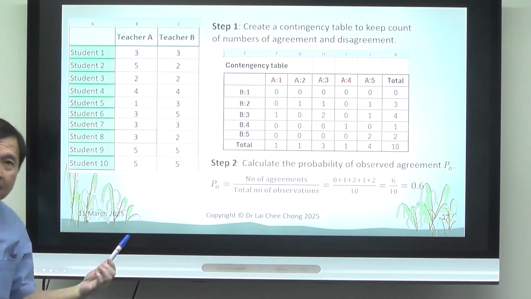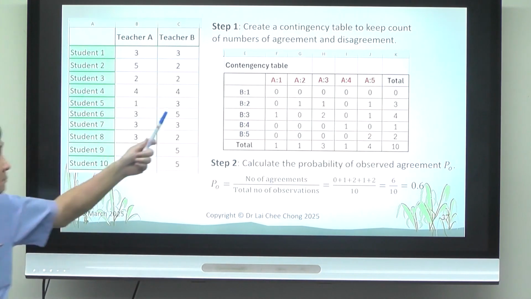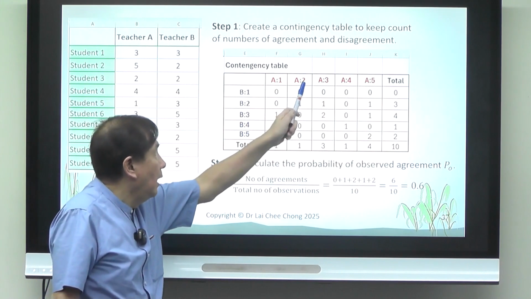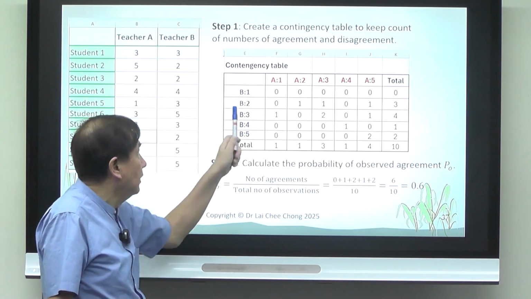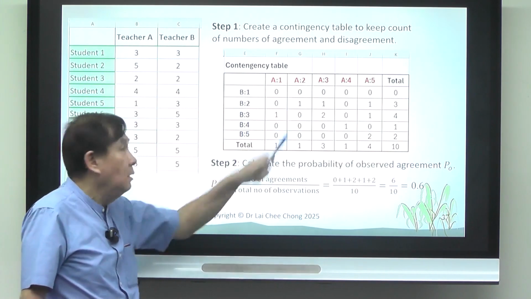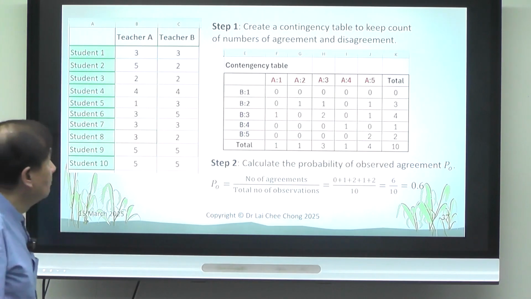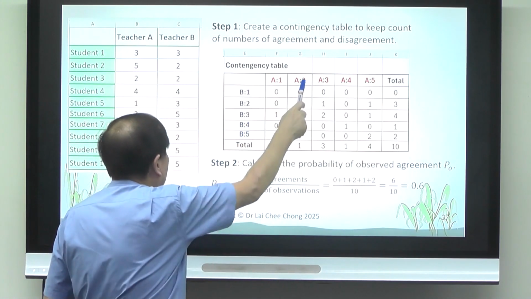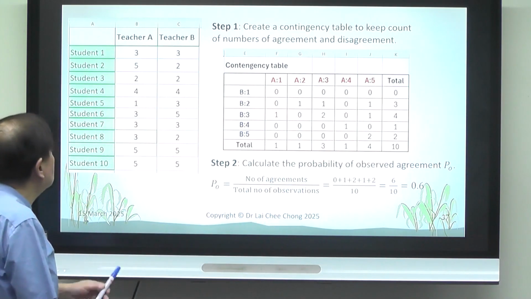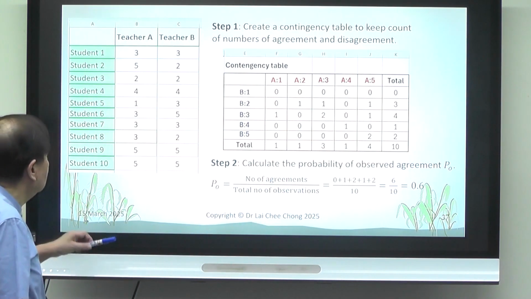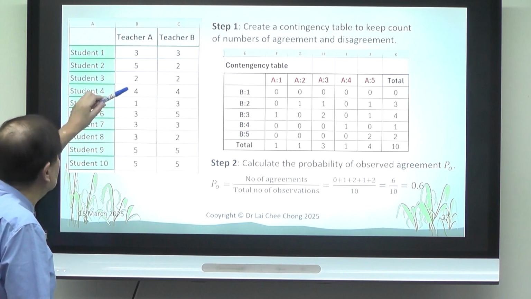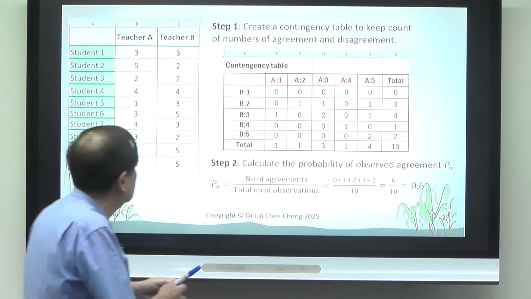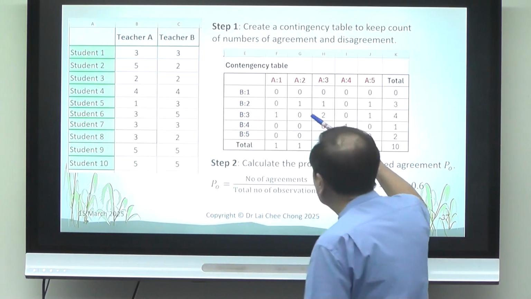Now, there are 2 probabilities. What's the probability of the observed agreement? How many times do they agree? This is my P0. Now, what's the formula here? It's the number of agreements over the total number of observations. How many observations? 10. Am I right? Since I only observe 10 times. How many agreements? It's only this diagonal. See that? So add up all those agreements.